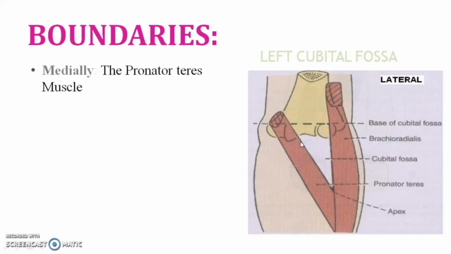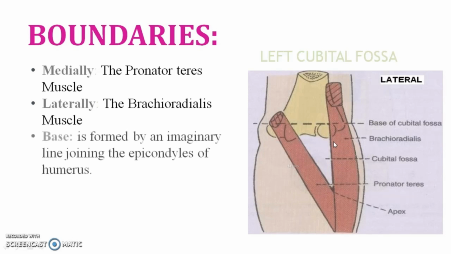The medial border is formed by the lateral border of the pronator teres muscle, and then the lateral boundary is formed by the medial border of the brachioradialis muscle. So these are the two boundaries present medially and laterally. And then we will be having the base, which you can see as a dotted line.